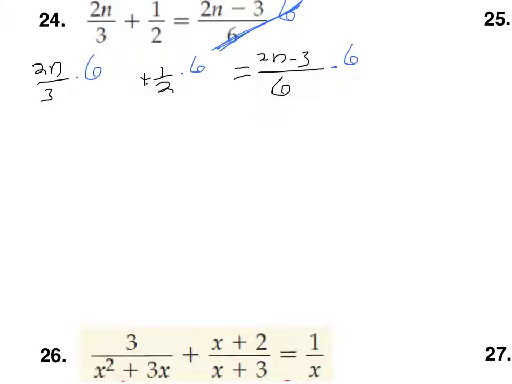So, the question is, will 6 get rid of the 2 and the 3 also? If so, that's good. If not, we may need to multiply by some of these other numbers. Well, let's take a look at the first set. Can 6 and 3 divide? I know they're not the same number, but can they divide by the same number? Well, 3 can divide by 3, and 6 can also divide by 3.